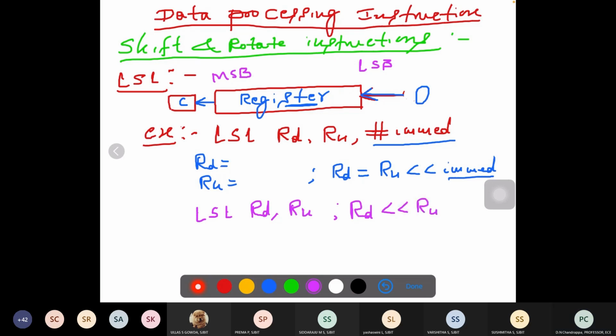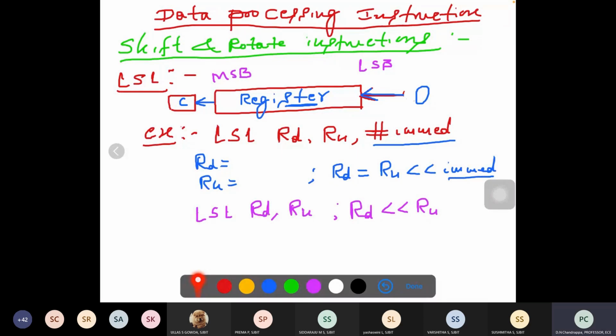Look into this instruction. For this instruction, the destination register is the one holding the value to be shifted. That means the RD value will be shifted. How many bits? RN. The immediate value here is not specified; you have to load that value into RN.